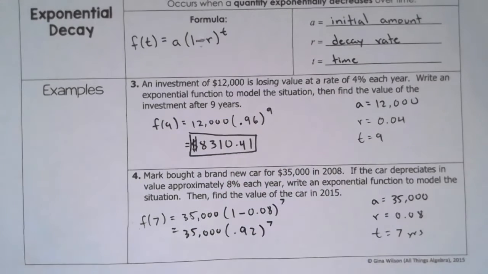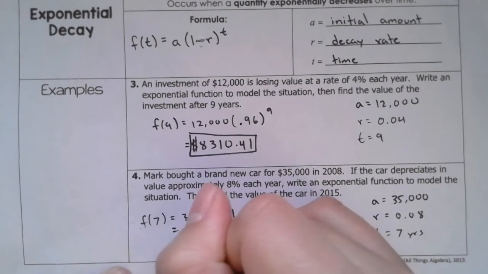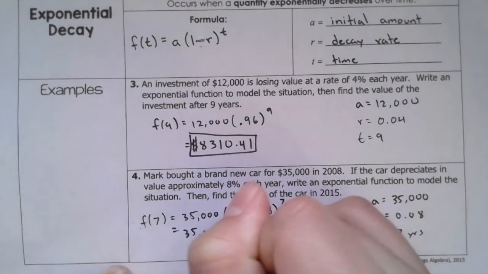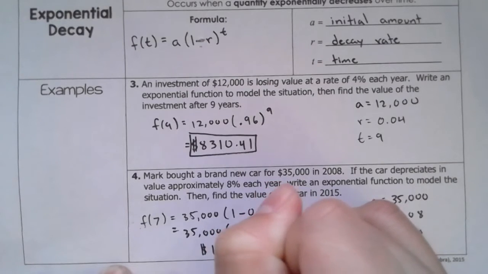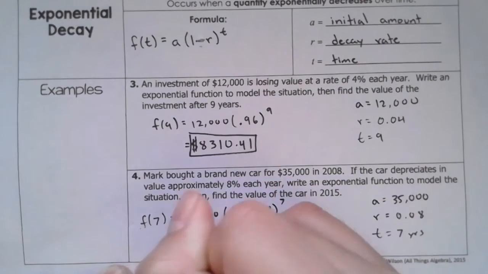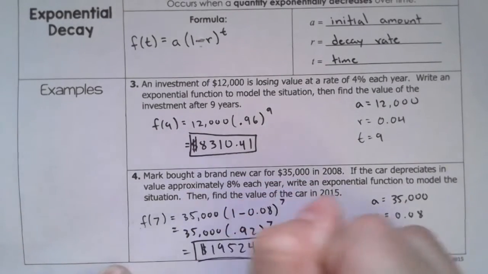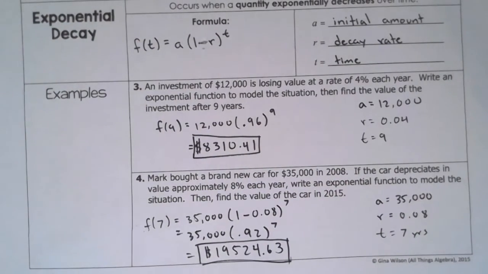And then put this in your calculator, and you're gonna get 19,524.63, and then that's the value of the car in 2015.